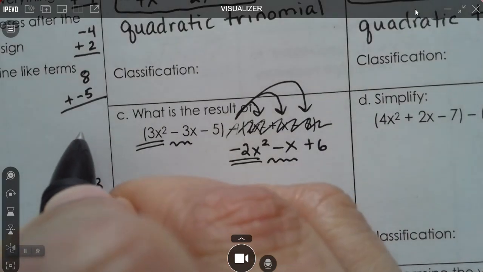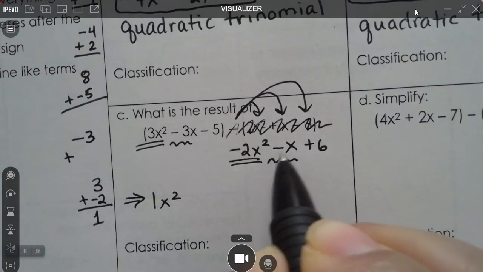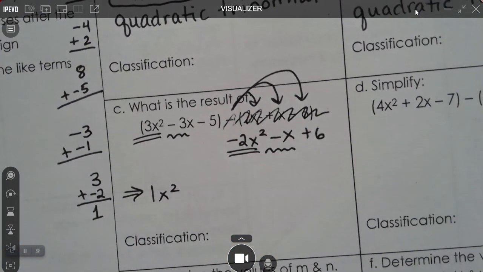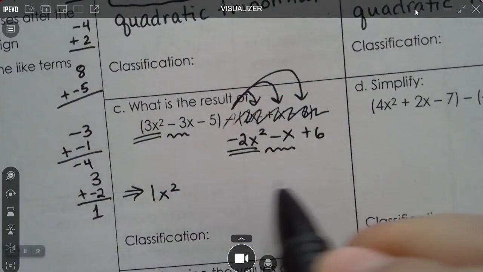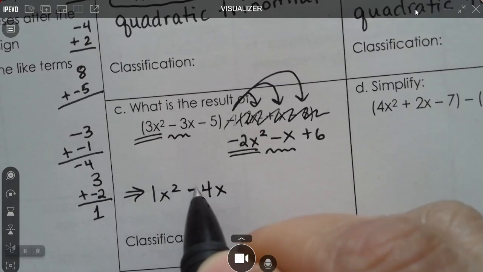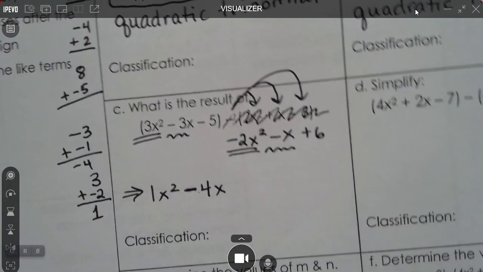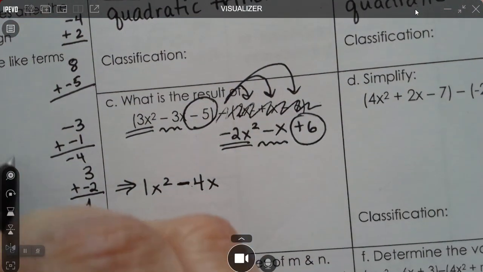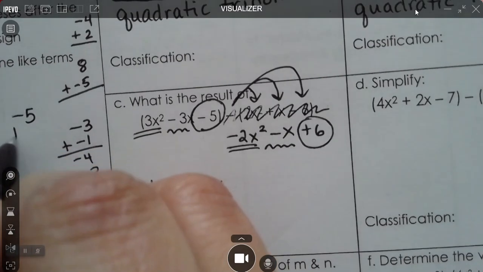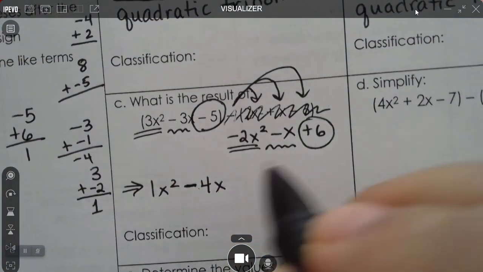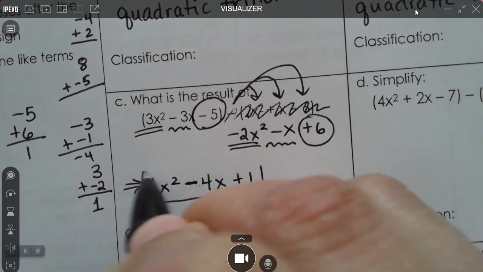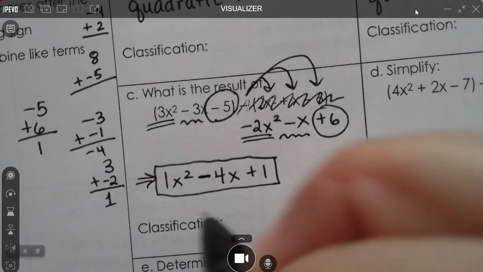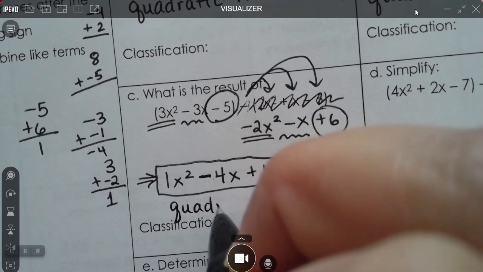So it's going to be negative 3 plus a negative 1. Because they're both negative, it's negative 4. All right, and lastly, you're going to do your constants, being mindful. So negative 5 plus 6. Naming this, how would you name it? Exactly, quadratic trinomial.